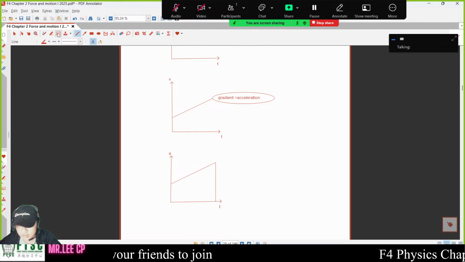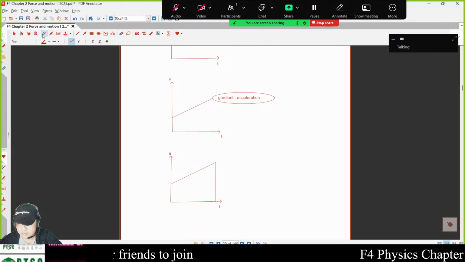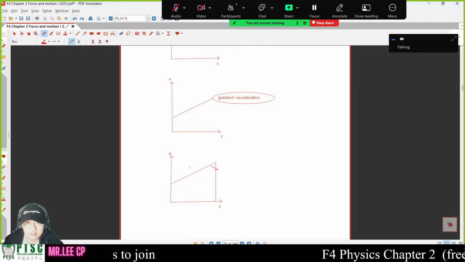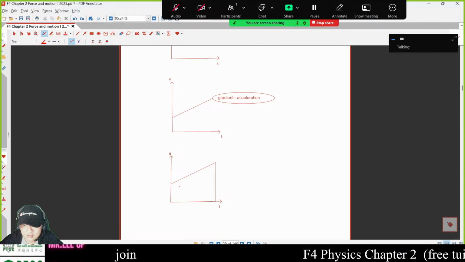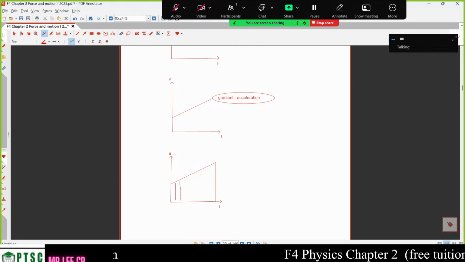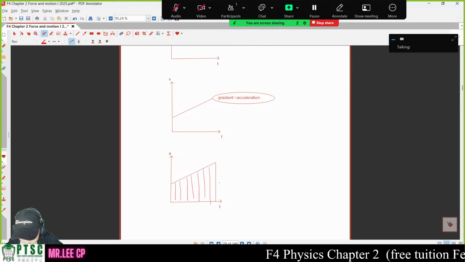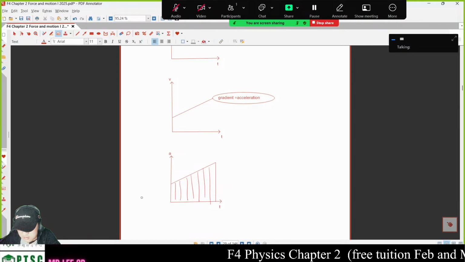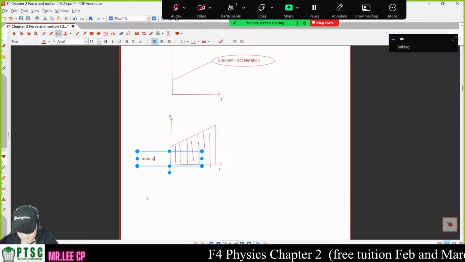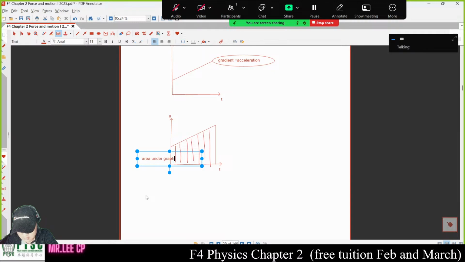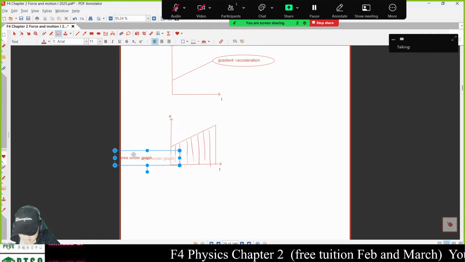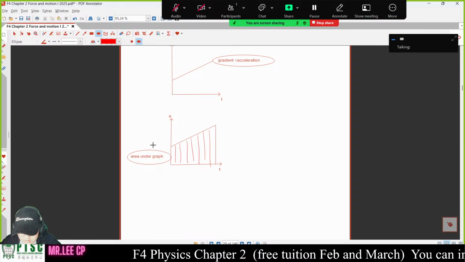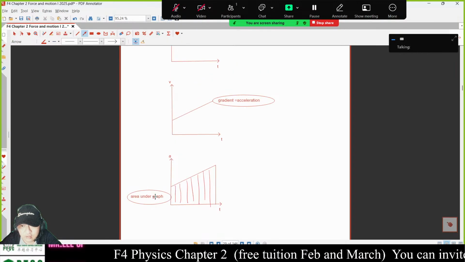Now, if you want to find the area under the graph, area under the graph is here. If you want to find the area under the graph, you go find for velocity.